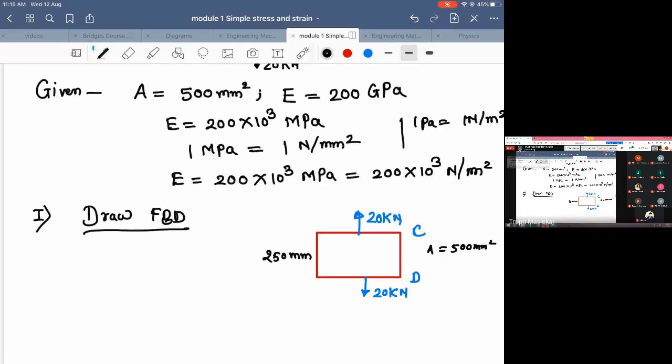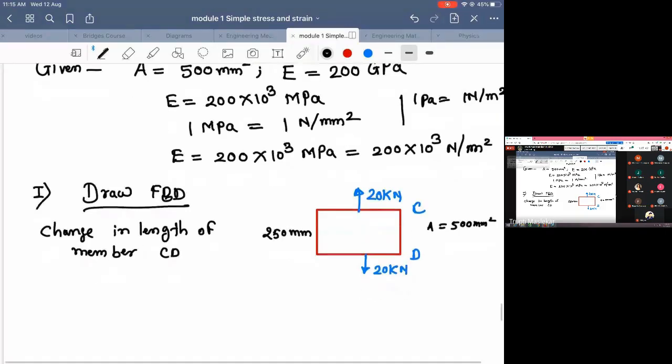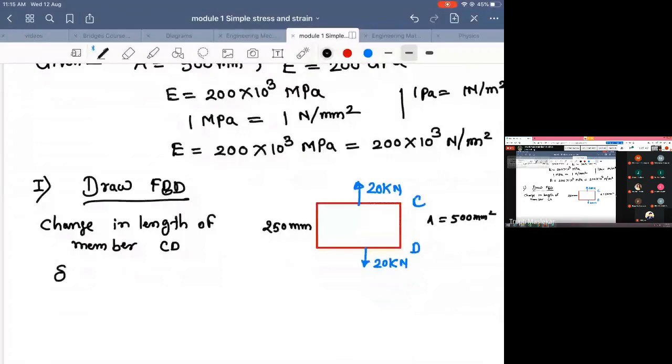So now I can calculate the change in length of member CD. I call that delta L for CD. Delta L is equal to PL by AE. This is the formula. And now I'll put the values.